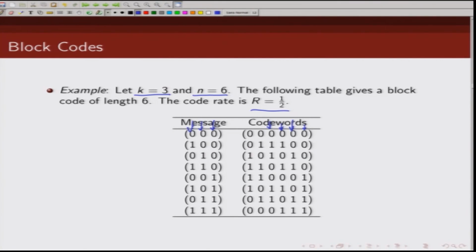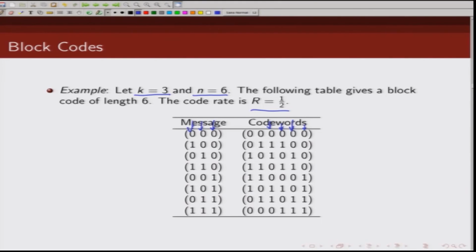So, if we do XOR of these two, look at this, 0 plus 0 is 0, 1 plus 0 is 1, 0 plus 1 is 1, 1 plus 1 is 0. We are talking about binary addition over the binary field.